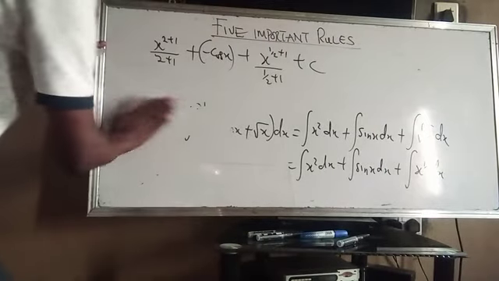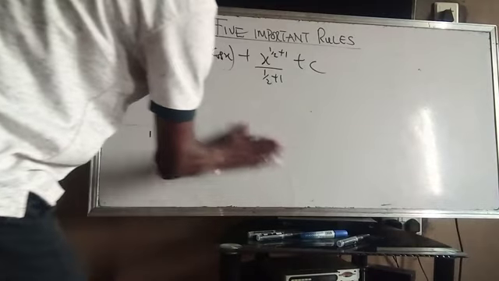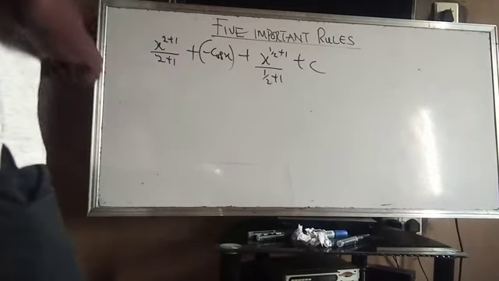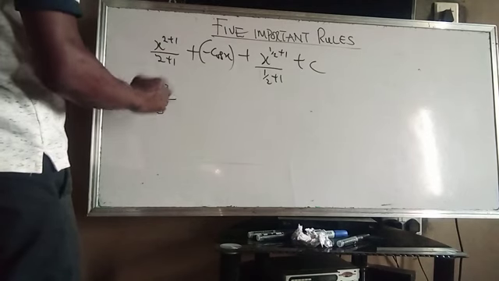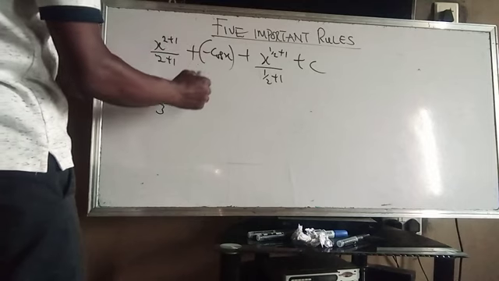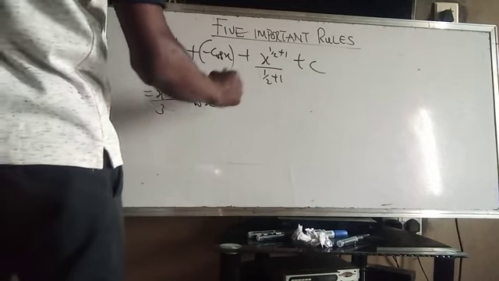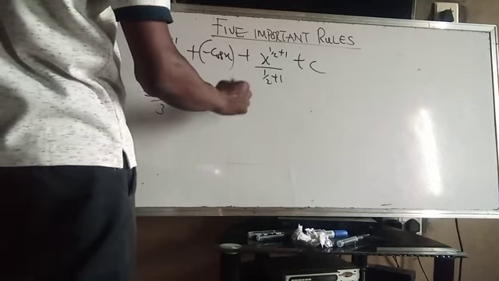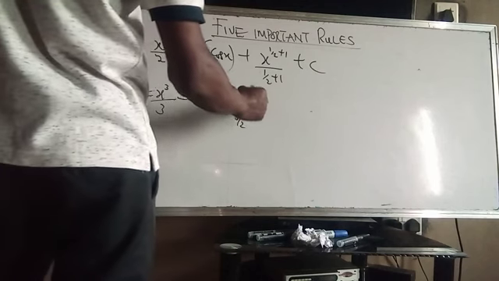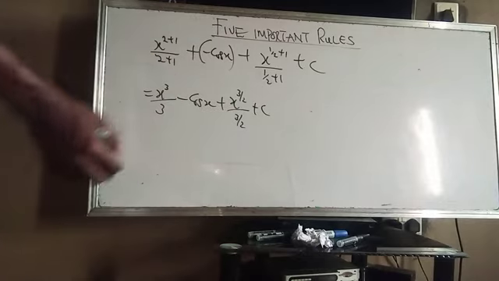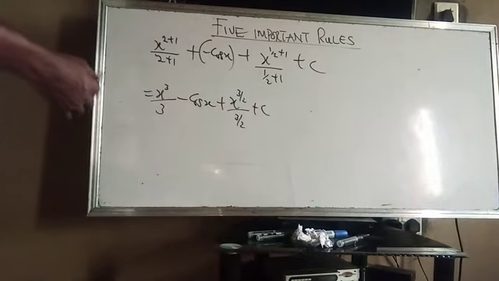So what next? Let's simplify. So we're going to have x raised to the power 3 all over 3 minus, when you open this, you have minus cos x, then plus x raised to the power 3 over 2 all over 3 over 2, plus c. We can leave it like this, but as mathematics students, it will not be too proper.